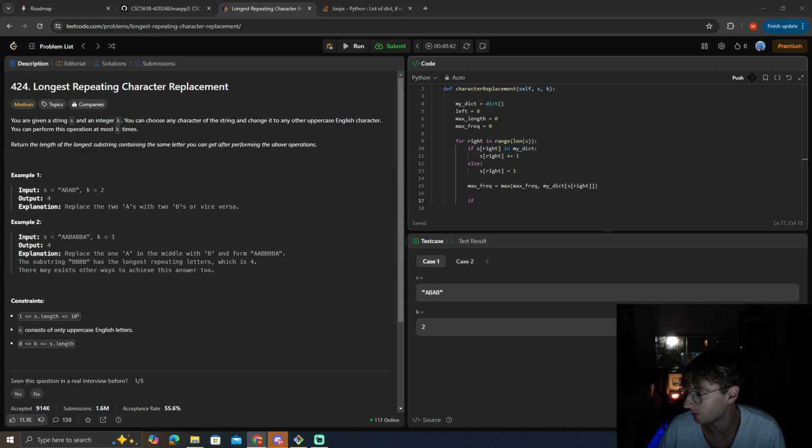If the window size minus the most frequent character count exceeds k. Okay, our current window is right minus left plus 1. We have a plus 1 because we have an inclusive range.